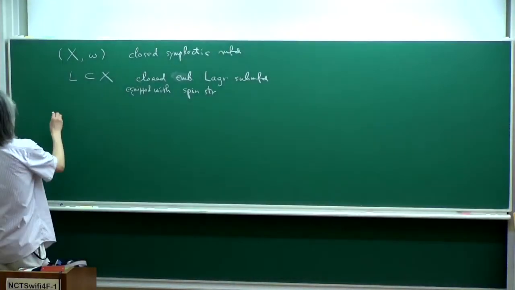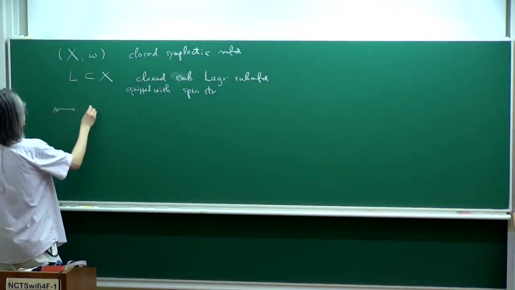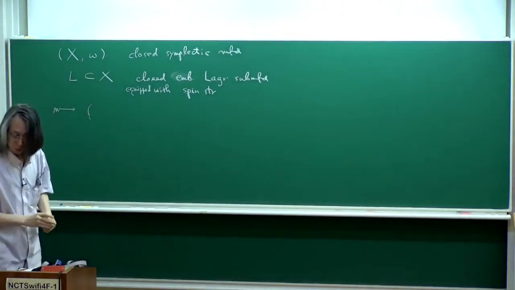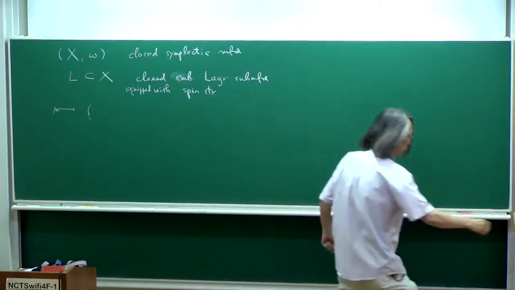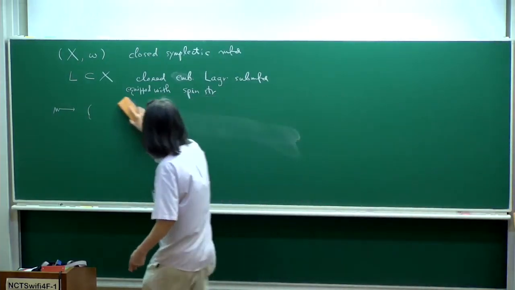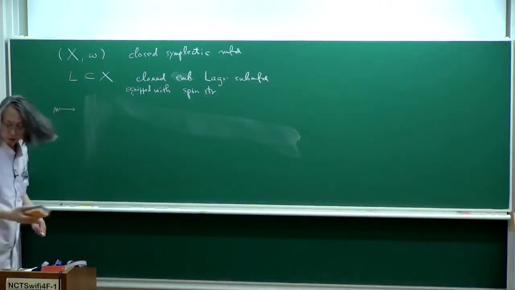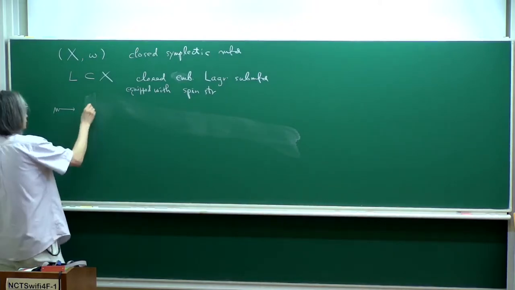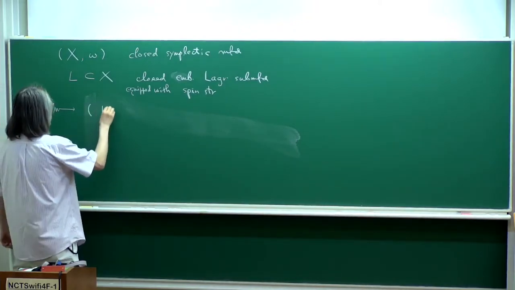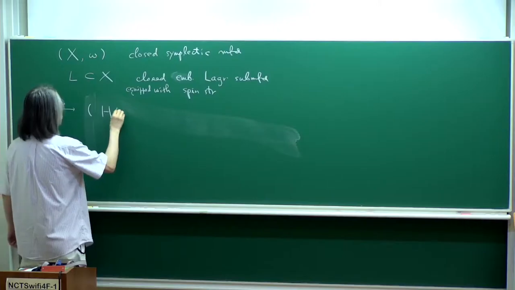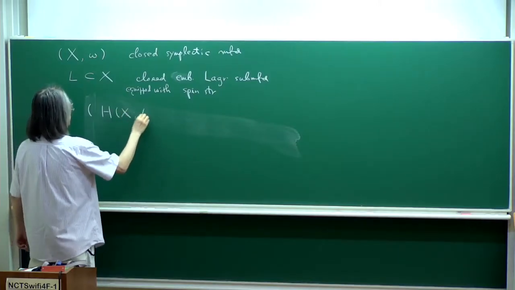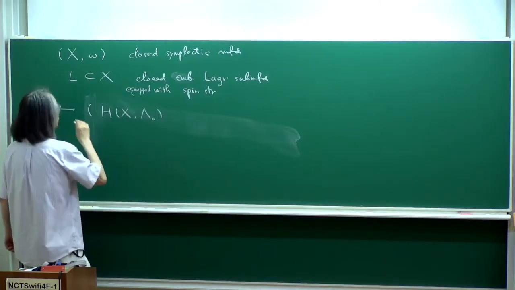And then from here, I can associate some algebraic gadget, that is a filtered infinity algebra. So here I have the cohomology of X, with coefficients in Lambda_0. Maybe I also recall what it is.